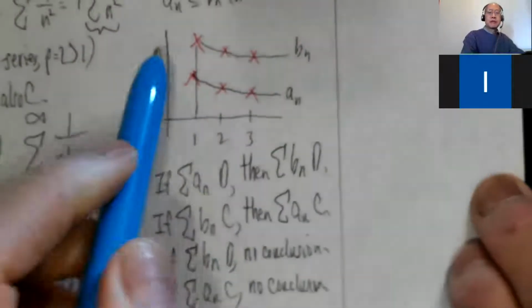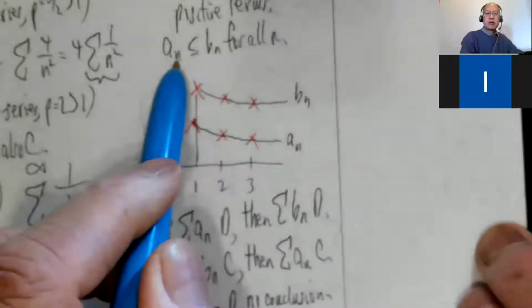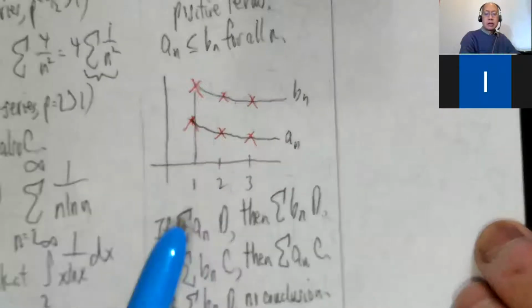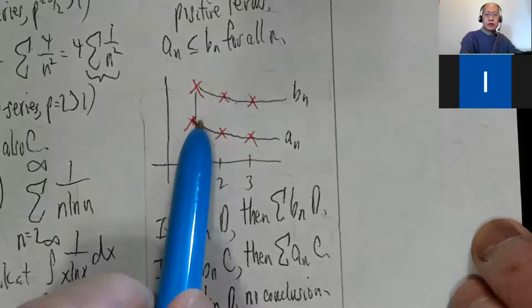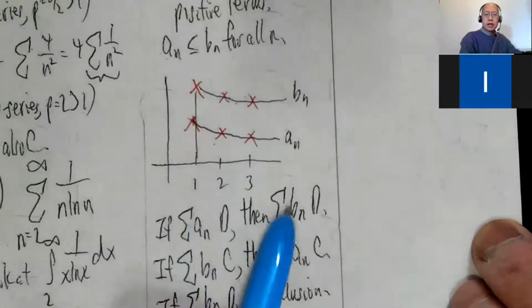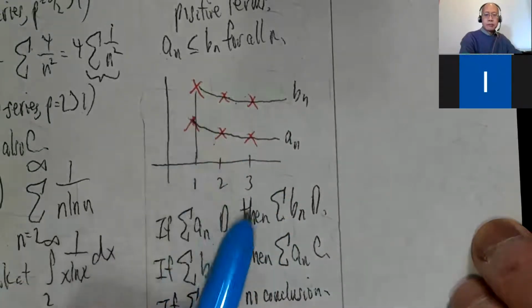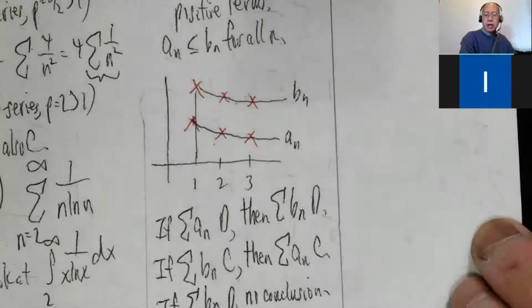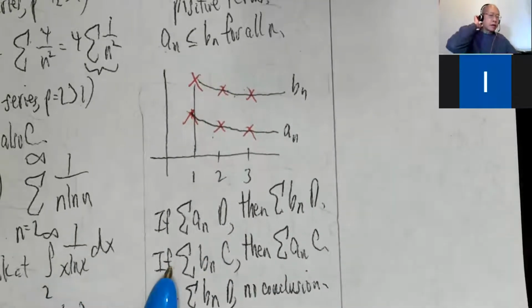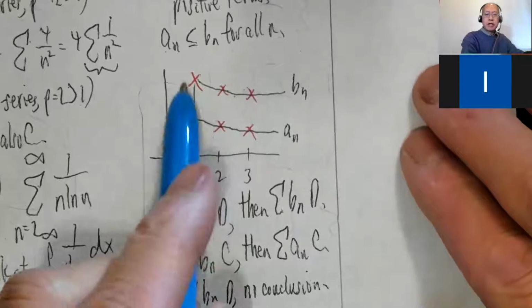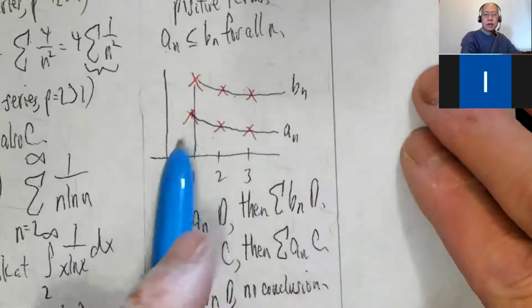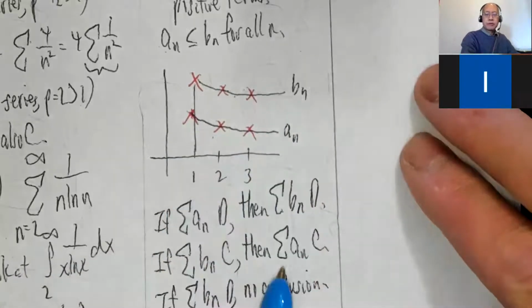So this is where we were last time. Here's the a sub n series, b sub n, a sub n less than or equal to b sub n. If summation of a sub n diverges, the smaller series diverges, then the bigger series, summation b sub n, diverges. And on the other hand, if the larger series, summation b sub n, converges, then summation a sub n also converges.